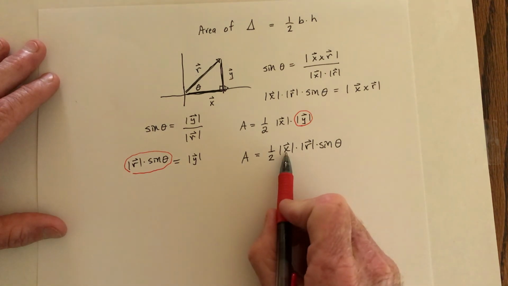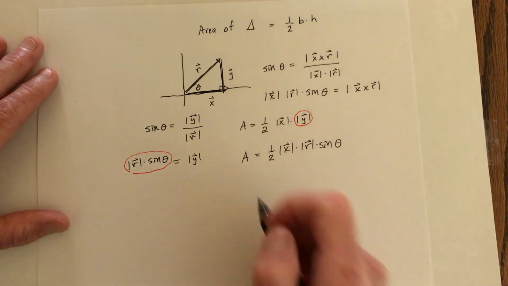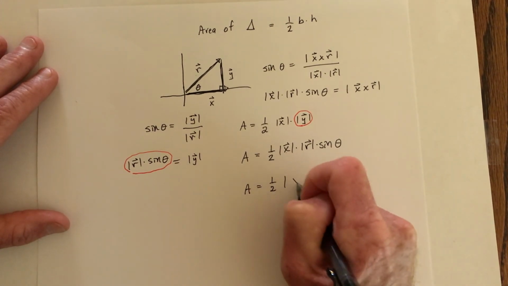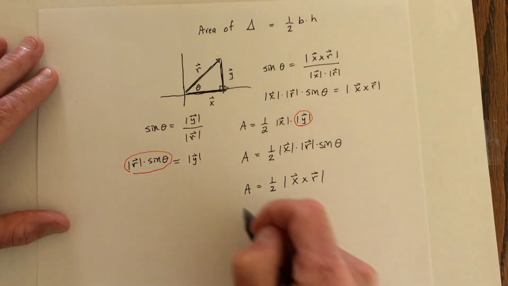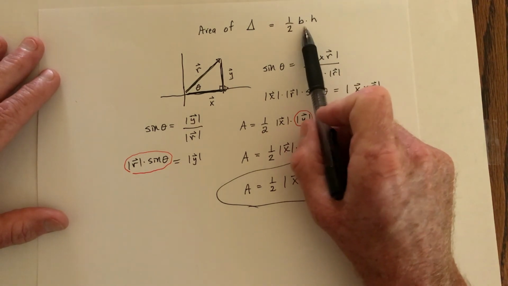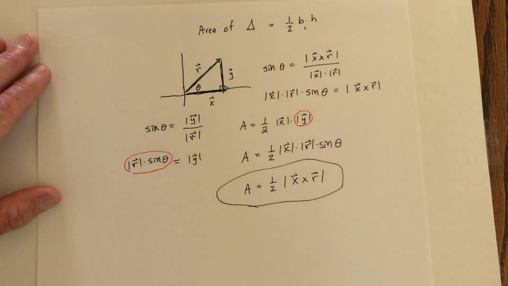So the length of x, the length of r, and the sine, all of that can be replaced with the cross product. So that means area of a triangle is equal to 1/2 the length of the cross product of those two vectors. That, to me, is amazing. You could take something from 5th grade and you could use 3rd semester calculus to do the same thing. Cool.